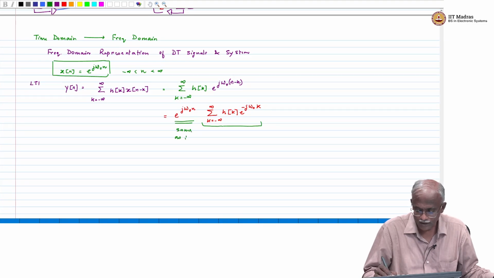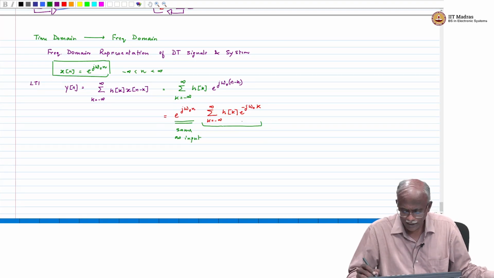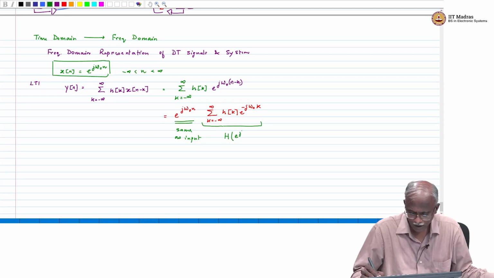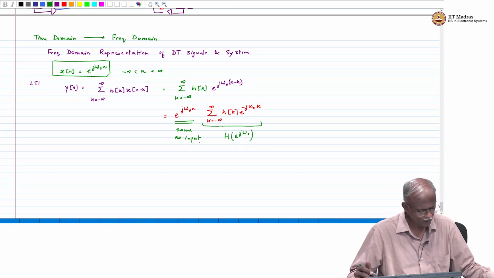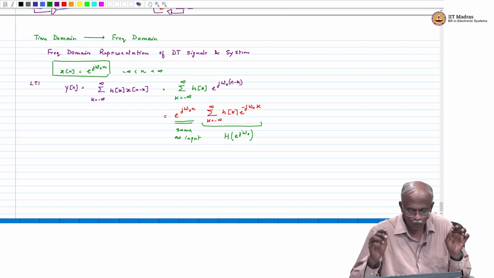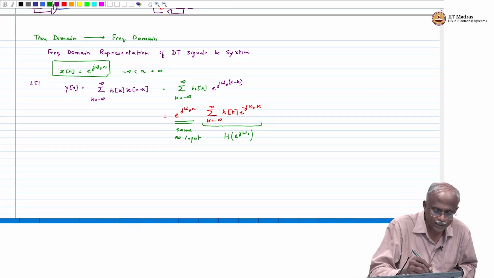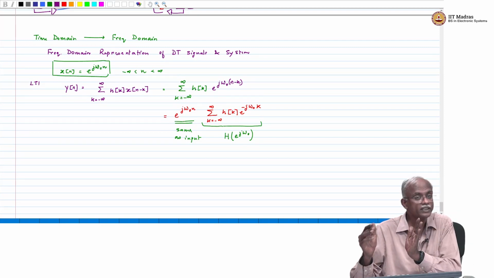And this is some gain which is a function of omega naught, some function of e power j omega naught. And this is the starting point for our discussion, because what we see here is the input appears at the output with a scaling.